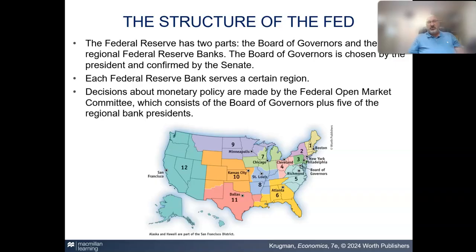Board of Governors are chosen by the president, confirmed by the Senate. These guys and gals get one 14-year term. So they can serve one 14-year term and a partial term of somebody else if somebody resigns in the middle of their term. So this is how Alan Greenspan served for 27 years.